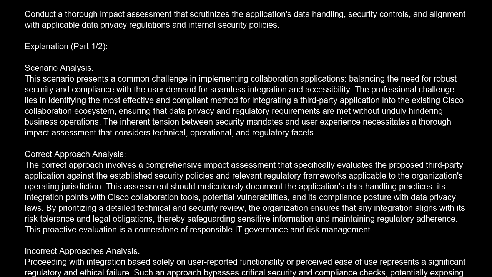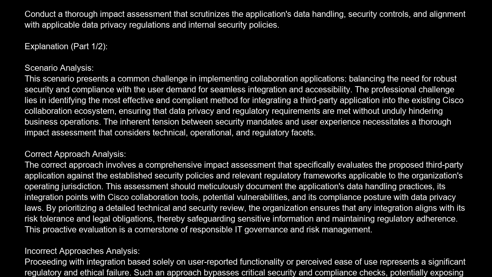By prioritizing a detailed technical and security review, the organization ensures that any integration aligns with its risk tolerance and legal obligations, thereby safeguarding sensitive information and maintaining regulatory adherence. This proactive evaluation is a cornerstone of responsible IT governance and risk management.